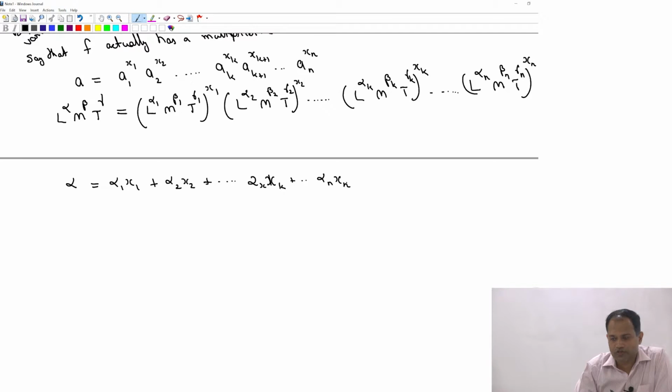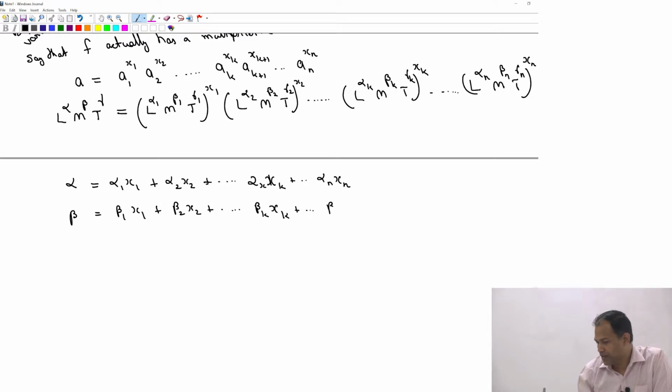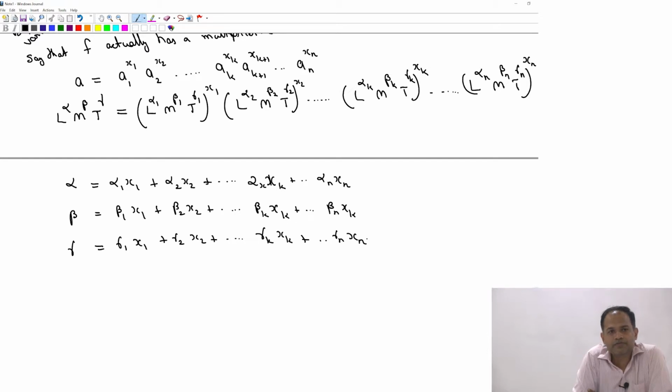If I equate the powers of mass, I'm going to get beta equal to beta 1 x1 plus beta 2 x2 plus etc. beta k xk, beta n xn. And gamma is equal to gamma 1 x1 plus gamma 2 x2 plus etc. Just three equations, where we do not know what x1, x2 and so on are.